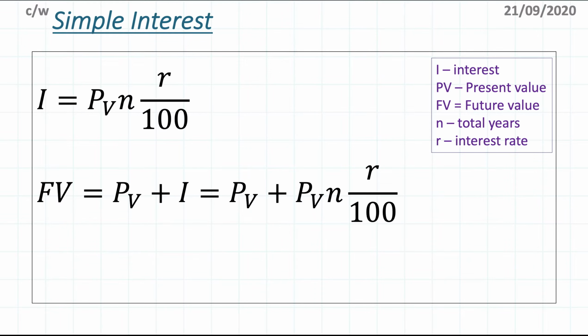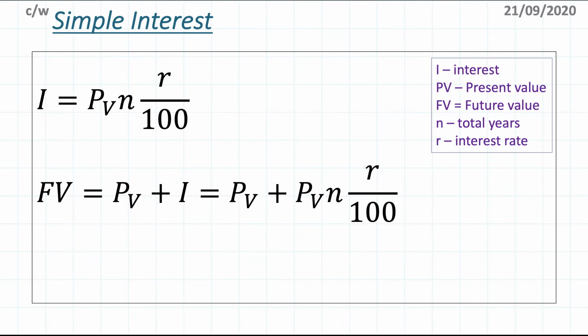So in total, if I want the future value, what I will have to do is take my present value and add it to my interest. So the interest is how much you're going to add up to your value after that many years. So this interest is on top of your present value. So altogether, it's going to be present value plus interest.